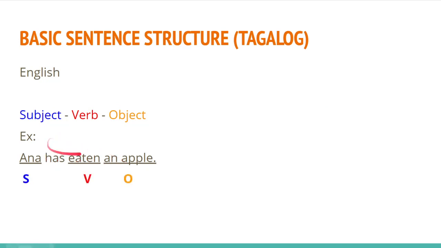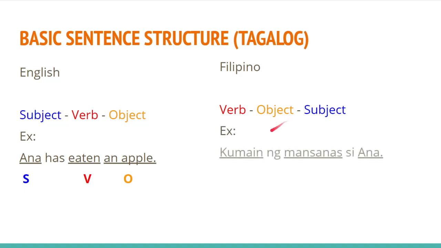Here is another sentence structure. The first one is the verb, followed by the subject, and next is an object. But this time it's vice versa: object and subject are switched. This is an example: Kumain ng mansanas si Ana, right? So kumain ng mansanas si Ana.